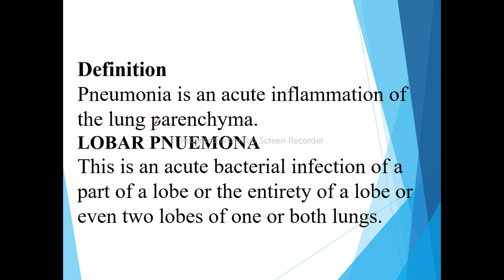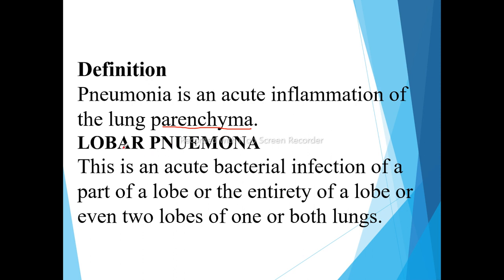We are simply meaning that this is the inflammation of the lung tissue. The lung tissue can become inflamed as a result of exposure to viruses, bacteria, as well as fungi. These can inflame the lung tissue.